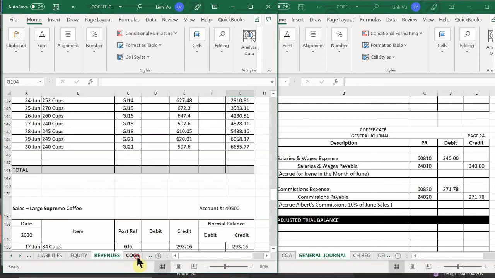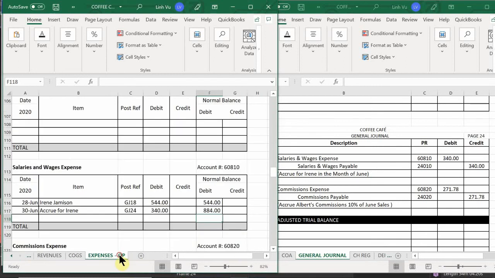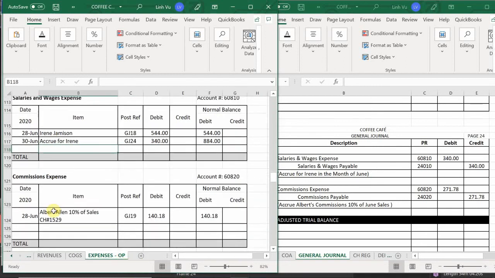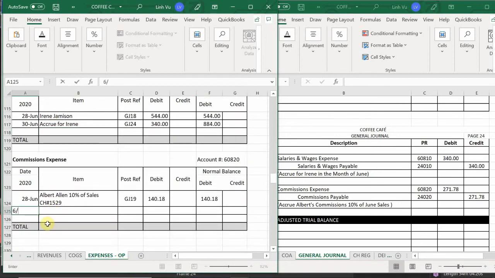And lastly, I have to go all the way to expenses, commission expenses. Correction, 10%.